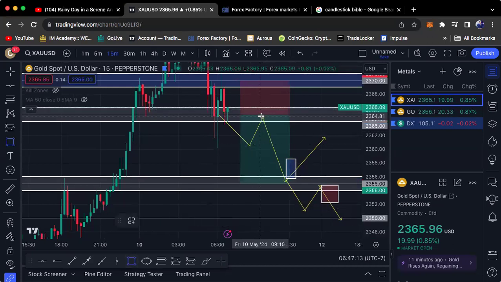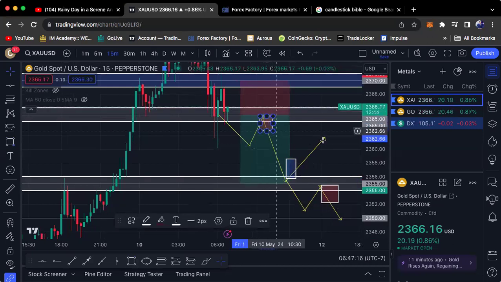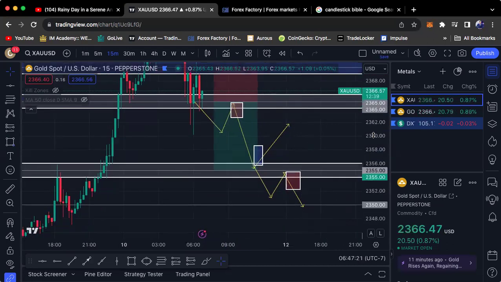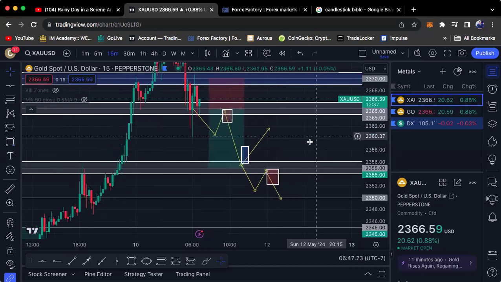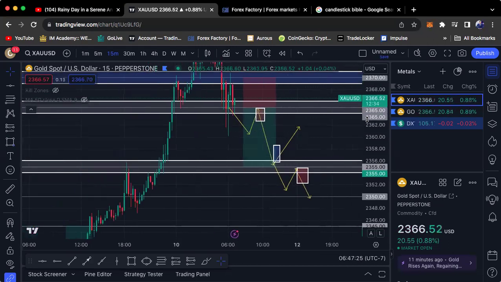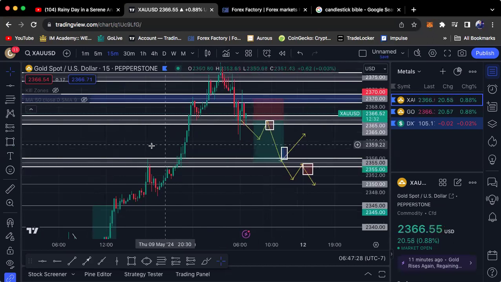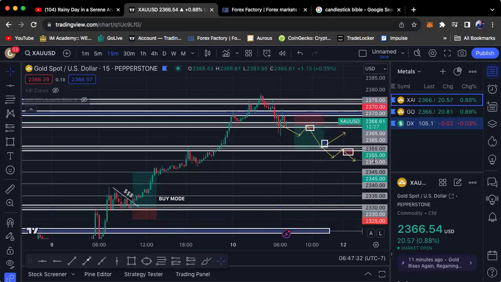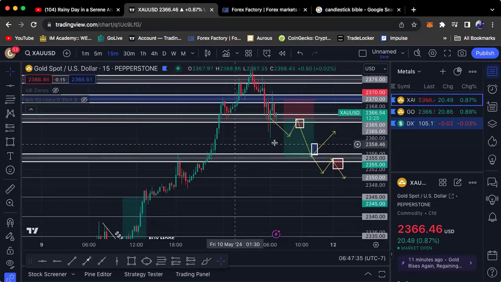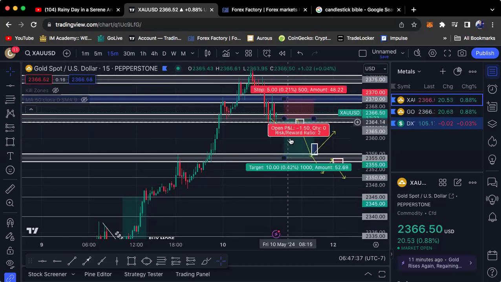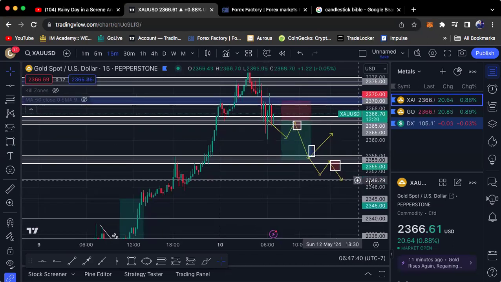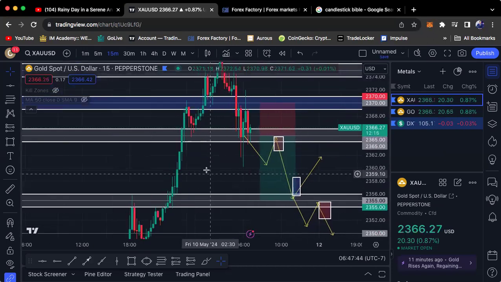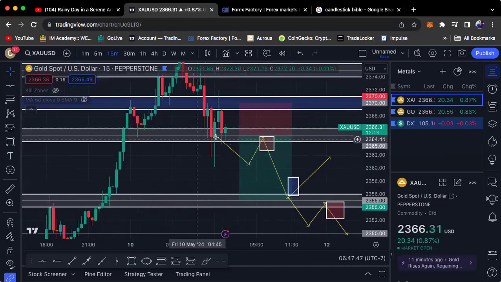Wait for the bearish confirmation here for the sell. All right. But since gold is on an overall uptrend, you guys can capitalize on this move here, right? As you can see here, it's supporting the zone.